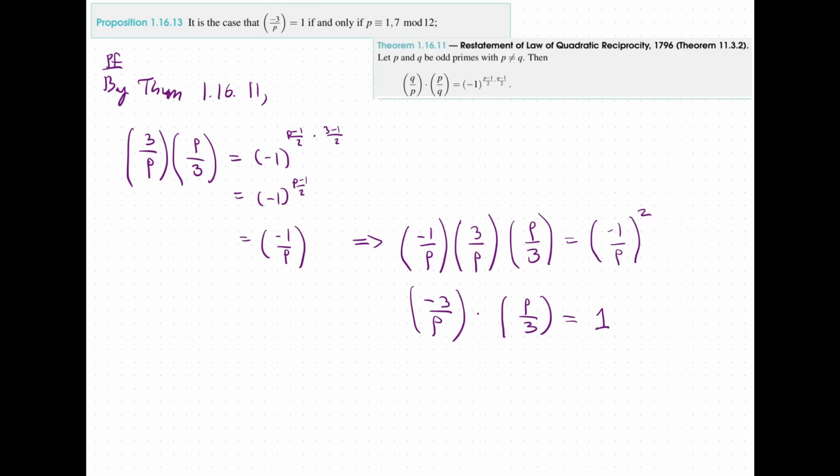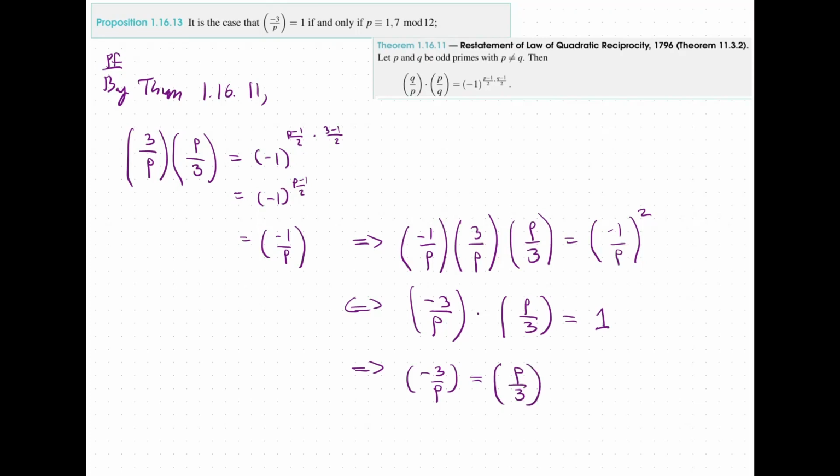But now the only way that this here is equal to 1 is if -3 on p and p on 3 are both 1, or -3 on p and p on 3 are both equal to -1. So in other words, both of these are equal to each other, and so we have that this here is the same as this here.